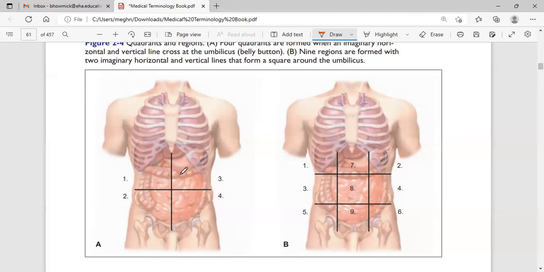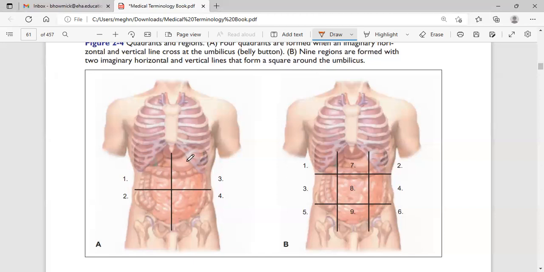And this area, the right lower quadrant, contains part of the small and large intestine, the appendix here, and also the right ovary and right fallopian tube in females, and the right ureter for both men and women.